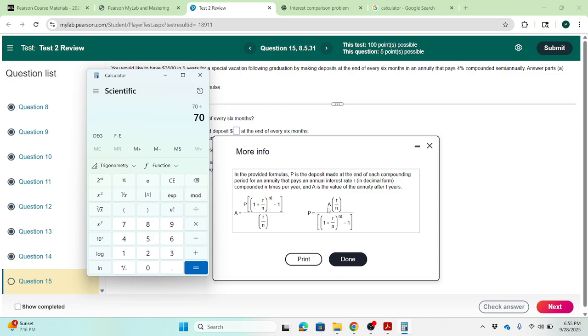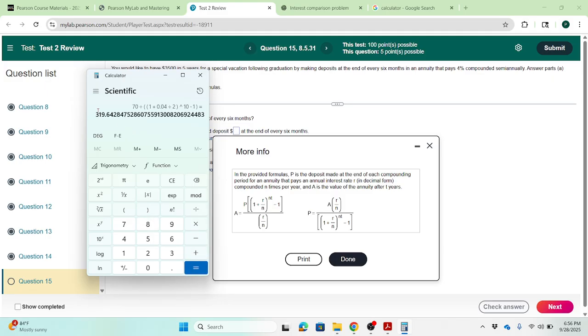I don't have the bracket, so I'm going to use 2 parentheses, 1 plus rate 4% divided by 2, parenthesis close, to the power n times t, which is 2 times 5 years, so 10. Always do that multiplication outside. Minus 1, parenthesis close, hit enter.